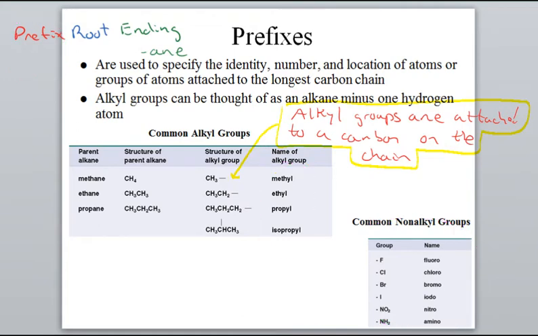If you saw 1 carbon coming off of the longest carbon chain, that prefix name would be methyl. If you saw 2 carbons coming off of the longest carbon chain, then ethyl. If there was 3 carbons, again, it depends upon which carbon is bonding to the longest carbon chain. Is it an end one or the middle one? Your choice would be either propyl or isopropyl.